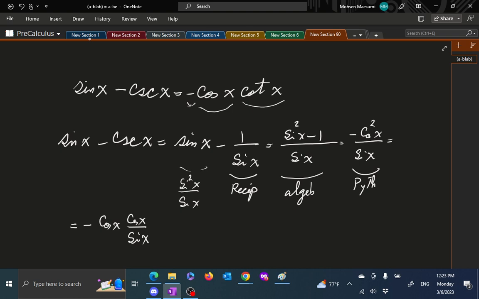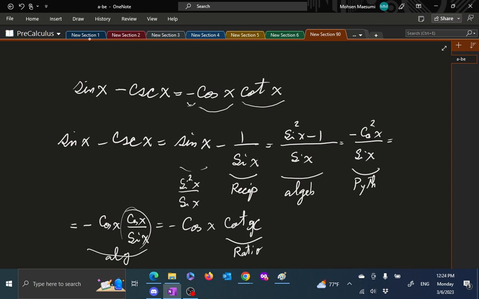So what I have done from there to here is just algebra. I just wrote cosine squared as cosine times cosine. I have my minus, I have my cosine, and what is cosine over sine? Well, that is by ratio identity just cotangent of x. So here I'm using the ratio identities. So that's the plan of action.